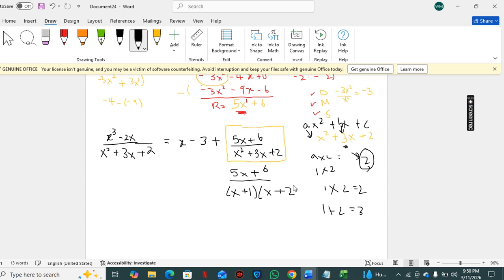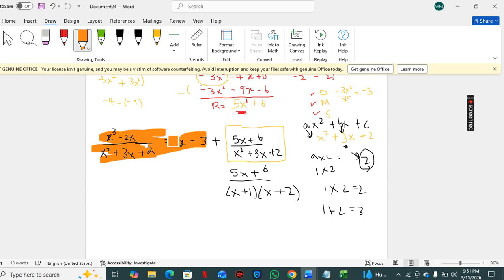So this is what we need to break down again. We need to break this down: 5x plus 6 over x plus 1 over x plus 2. These other terms will come when we have finally broken down this expression.